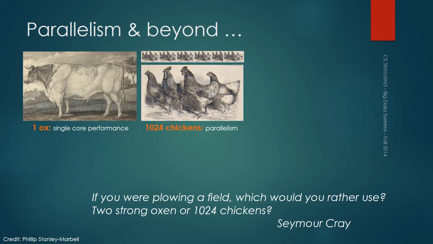While many of you might say I'd rather get 20 or 30 oxen, maybe that is a better solution than getting 1024 chickens, we are also forced in that direction. Does anybody know why we are moving towards chickens and not more oxen?